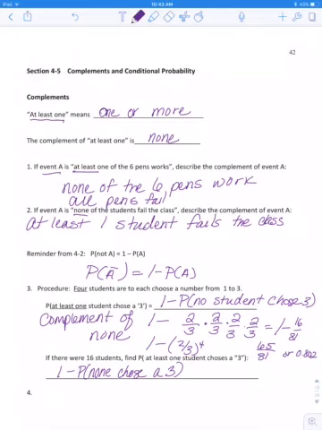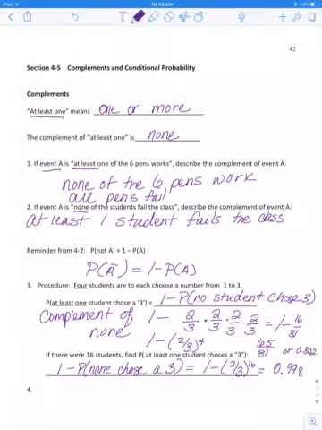Now here, since we have 16 students, we'd do the same thing, but we would do 2/3 times 2/3 16 times. So we can write this much easier as 1 minus 2/3 to the 16th power. And if you put that in your calculator, you'd get 0.998.